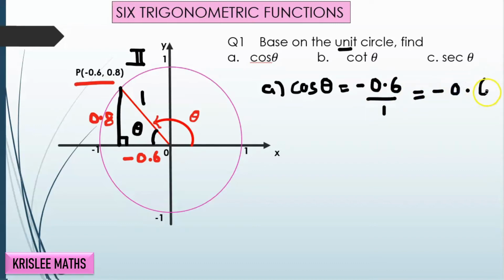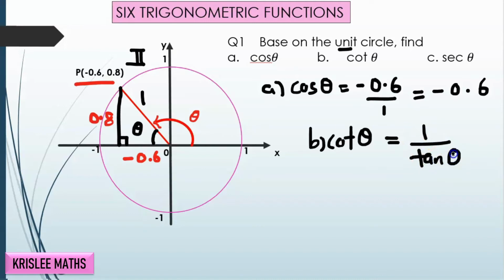Okay, next you are asked to find cotangent theta. So what is cotangent? Reciprocal of tangent, that is 1 over tangent. Now tangent, refer to the diagram, tangent is opposite over adjacent.